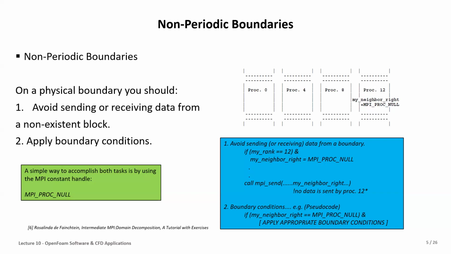Indeed, we need to cover two features: avoiding sending or receiving data from a boundary with this setup, and also making the boundary condition based on MPI_PROC_NULL. So this is the example of the two cases of the boundary condition, periodic and non-periodic.